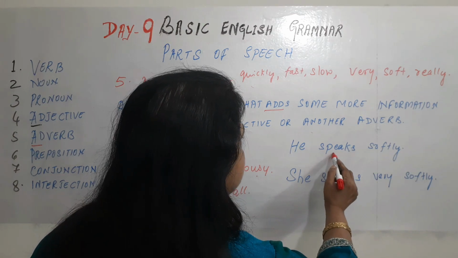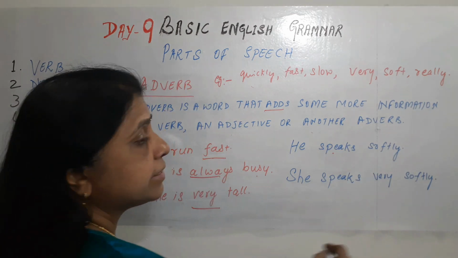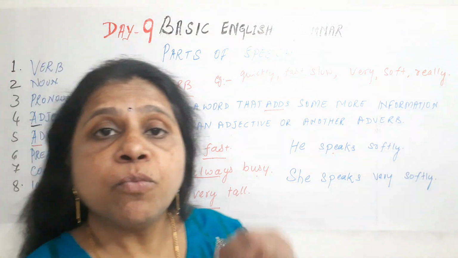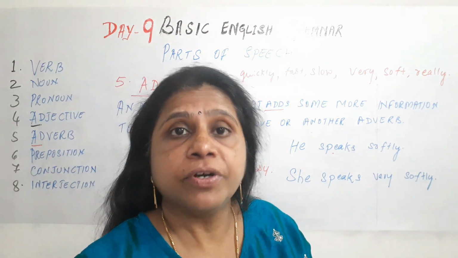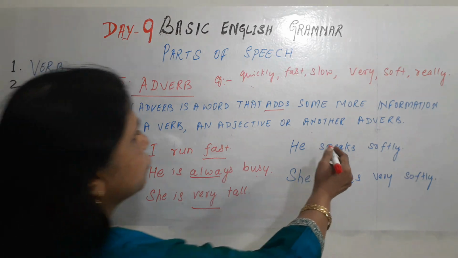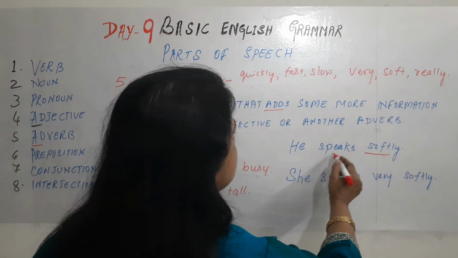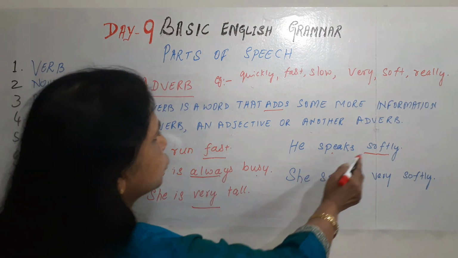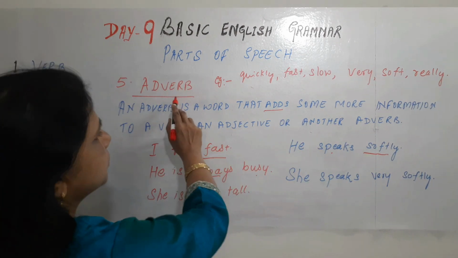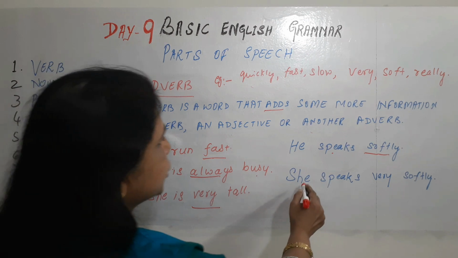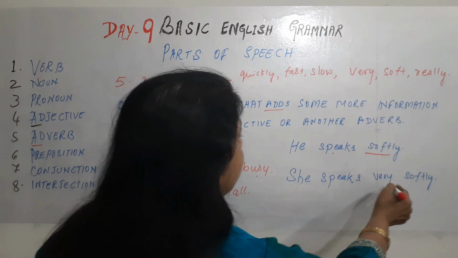Here, she speaks softly. Speaking is the verb and here softly is giving more information about that verb. This is the verb and giving more information is how. How does she speak? She speaks softly. So softly is an adverb. Again, she speaks very softly.